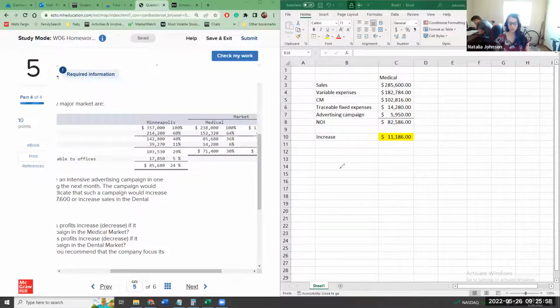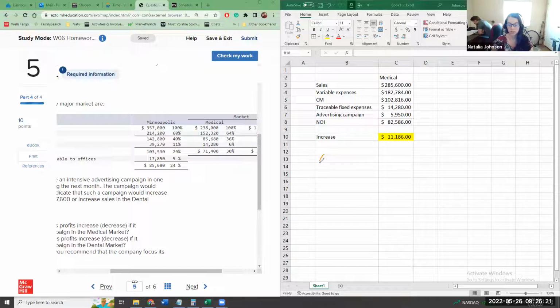Now, if we do it the other way and do it really fast, we can simply do a formula with the factors that are going to change. So this traceable expense is going to stay the same. The only thing that is going to change in the end is the contribution margin and this new advertising campaign, which is a fixed expense. So we can do this formula.